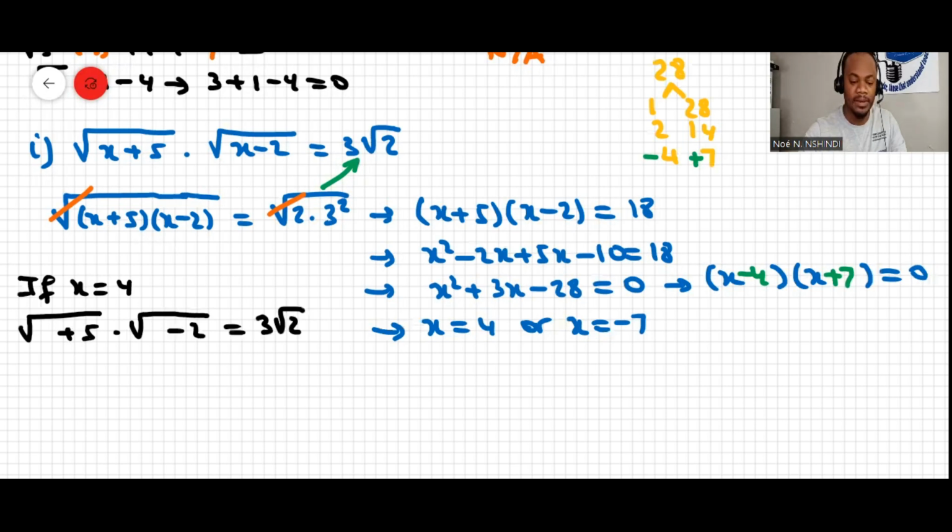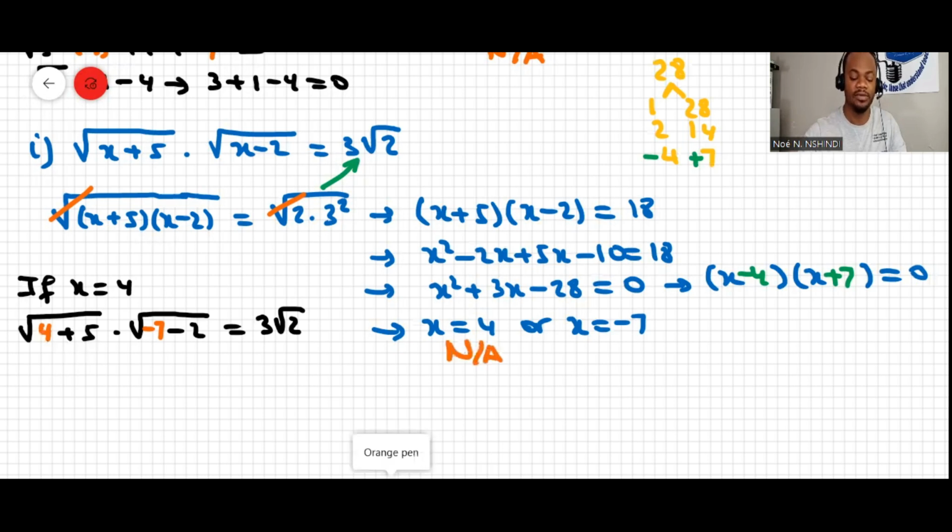Of course, let's see with negative 7: this makes 3 multiplied by this part here, which is a negative. This makes negative 9, and the square root of negative 9 is not valid. It's not real. So negative 7 cannot be the value of x. Now we can just say that here this is not applicable.